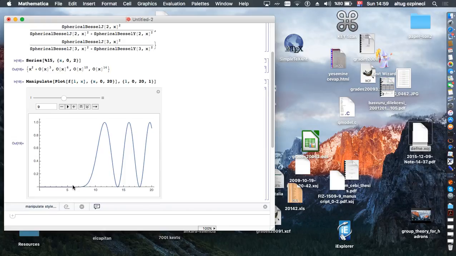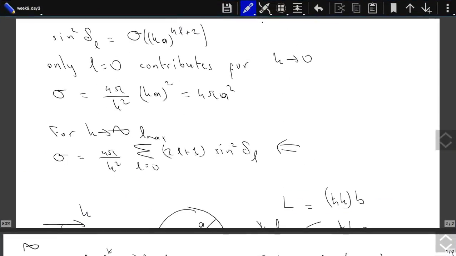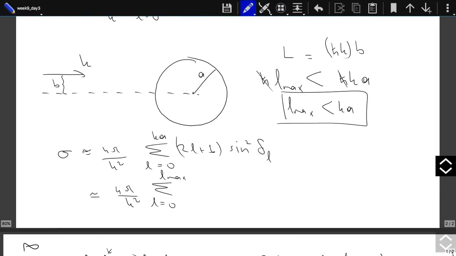We use the semi-classical interpretation to understand why we have this maximum L, and from that semi-classical approximation, we relate L max to the size of our hard sphere and its wave vector. This is the semi-classical approximation, in a sense.